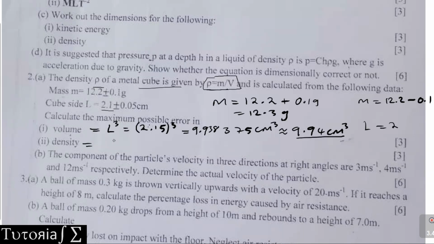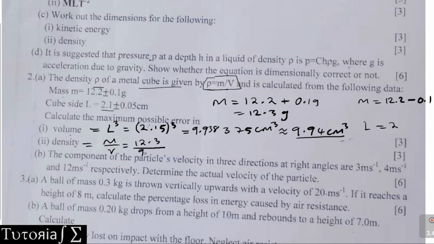So density is equal to mass over volume. We have the maximum error on the mass, which is 12.3, so that will be 12.3 all over the volume, which is what we have here.